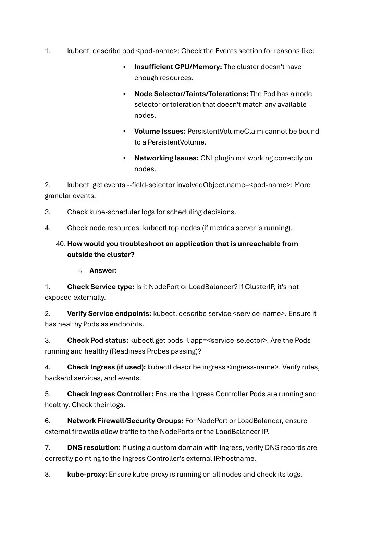For NodePort or LoadBalancer, ensure external firewalls allow traffic to the node ports or the load balancer IP. 7. DNS resolution. If using a custom domain with Ingress, verify DNS records are correctly pointing to the Ingress controller's external IP or hostname. 8. kube-proxy. Ensure kube-proxy is running on all nodes and check its logs.